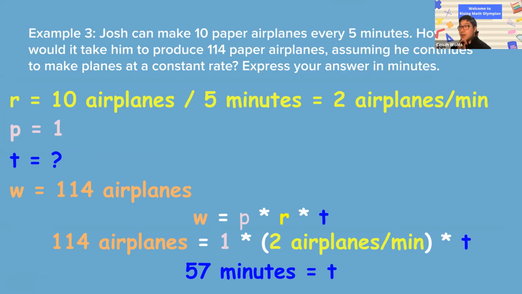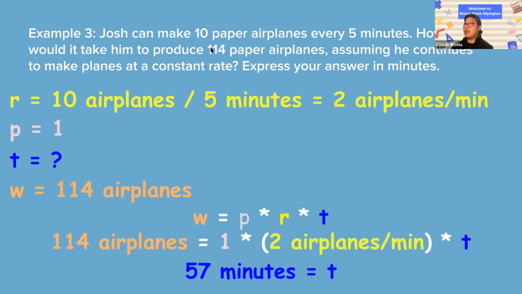Another way of thinking of this is, if you look at the problem, he makes 10 airplanes per every 5 minutes. It might be easier to think of this like he makes 2 airplanes every minute. So after 1 minute he makes two, after 2 minutes he makes four, after 3 minutes he makes six.